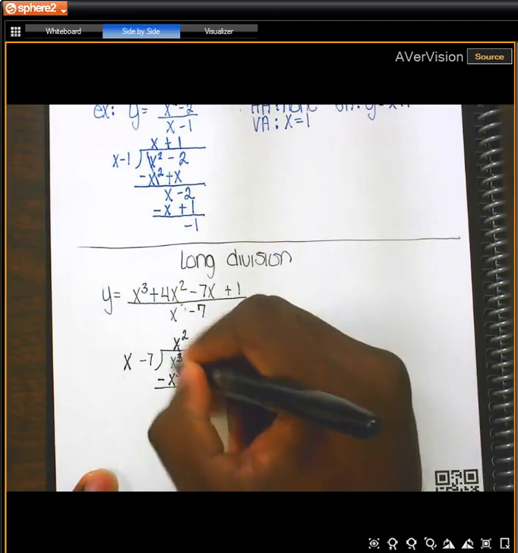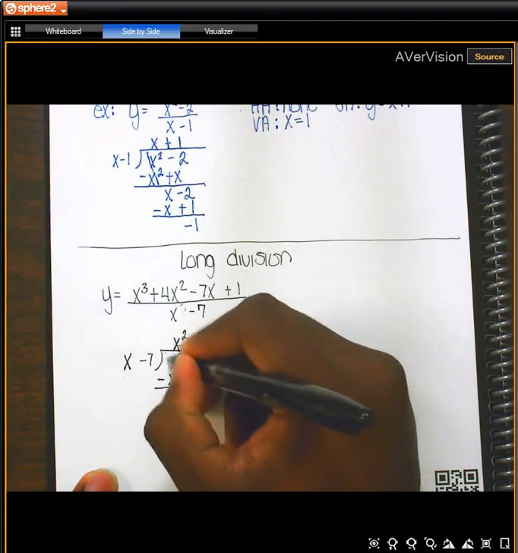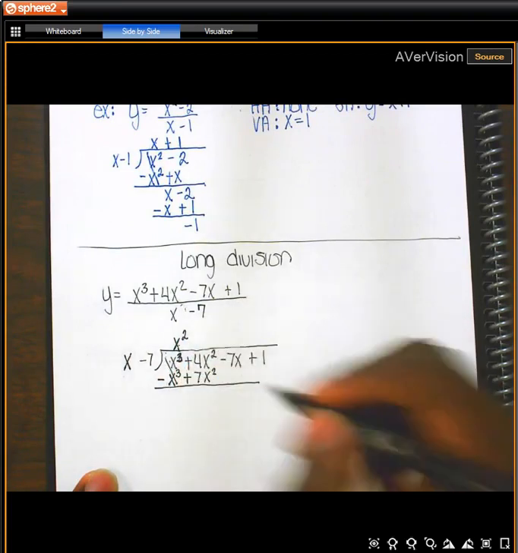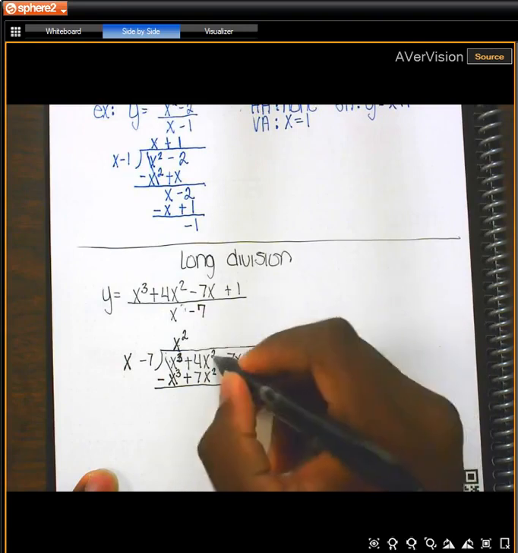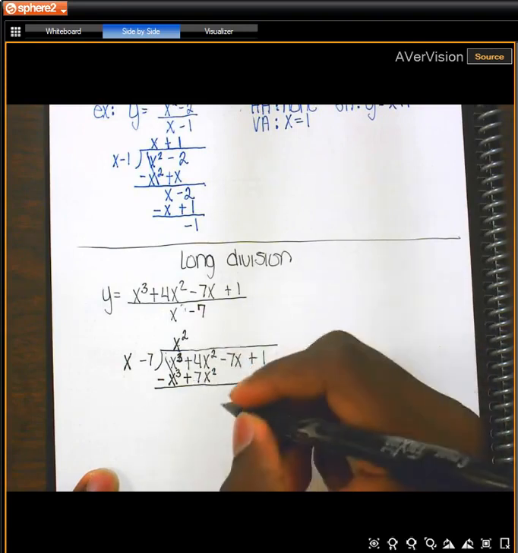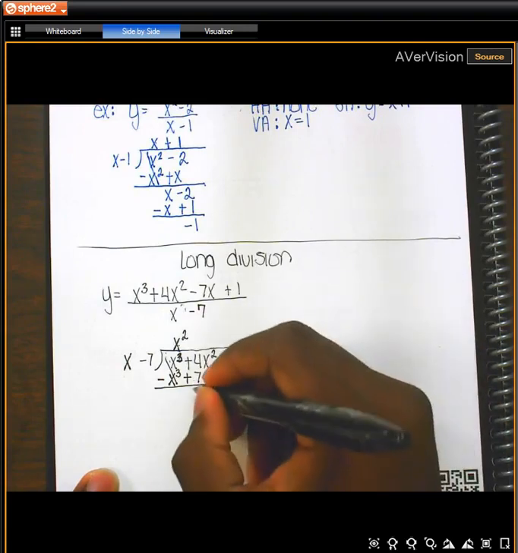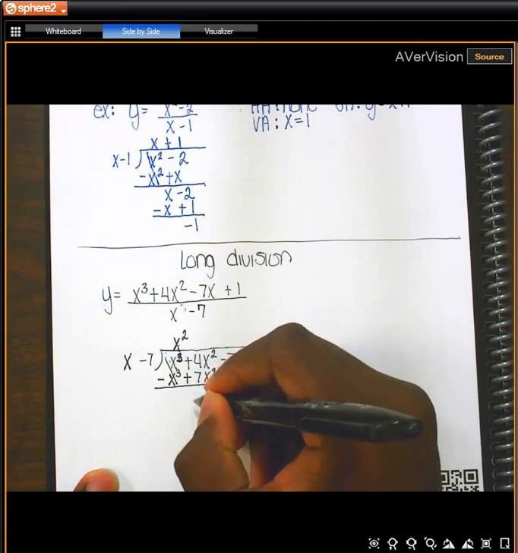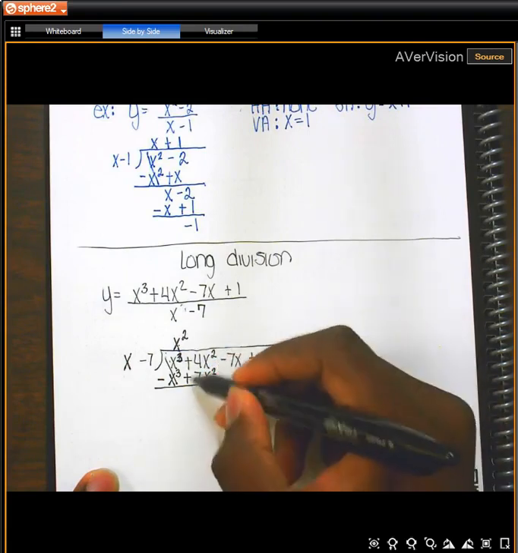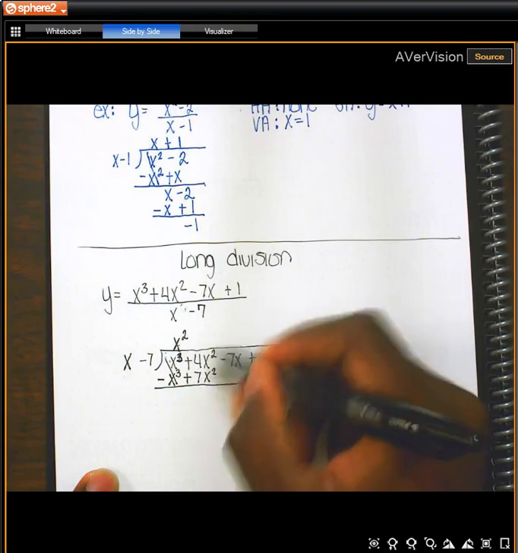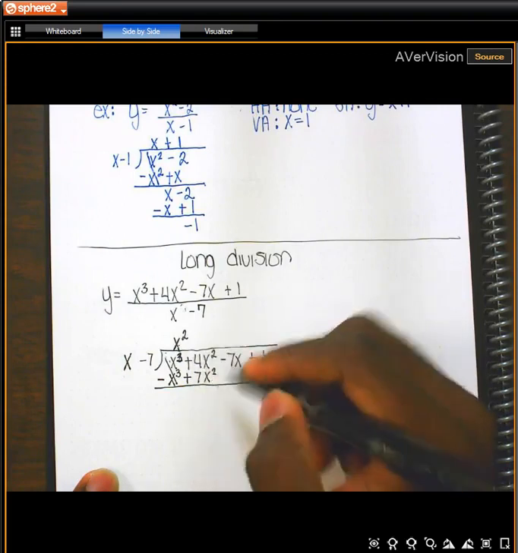All right, now we do some math. X cubed minus x cubed, they cancel each other out. And what is 4x squared plus 7x squared? So when we're adding, remember, when they have like terms, we add the coefficients.